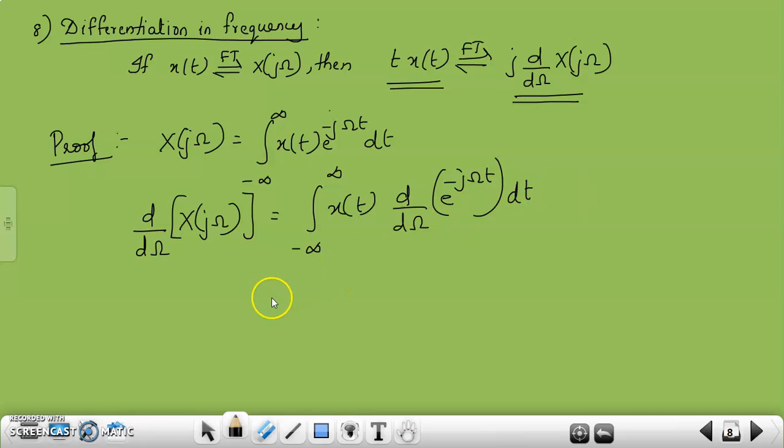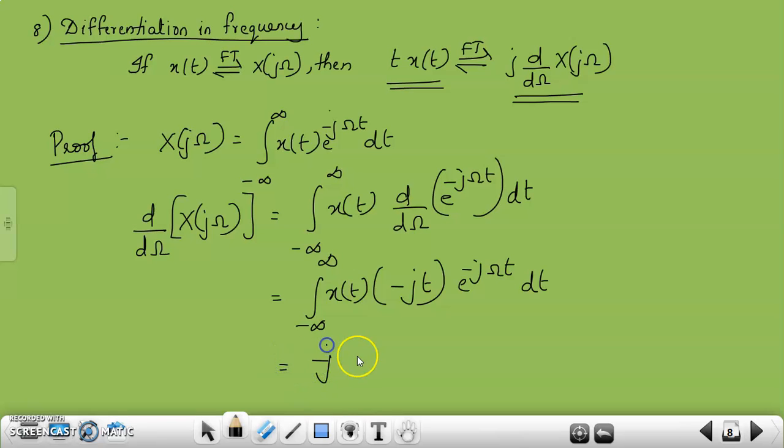Now, d by d omega of e raised to minus j omega t is actually minus j into t e raised to minus j omega t. Now, I can take this minus j outside.